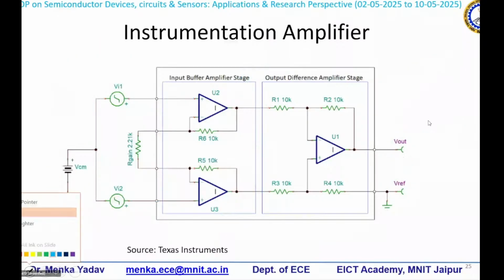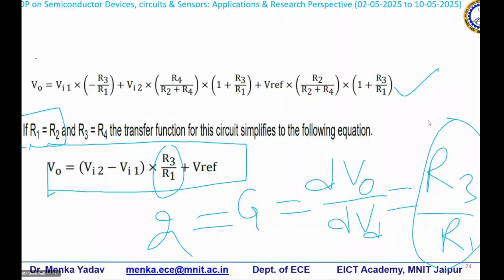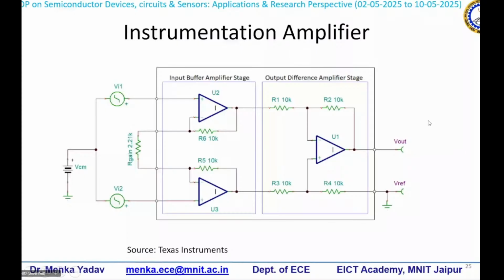Applying the KVL, I will get that this is equal to Vi1 plus VCM, that is the common mode. Likewise, if we look at the bottom one, U3, the voltage appearing over here is equal to VCM, that is nothing but the DC supply, and then this is Vi2.